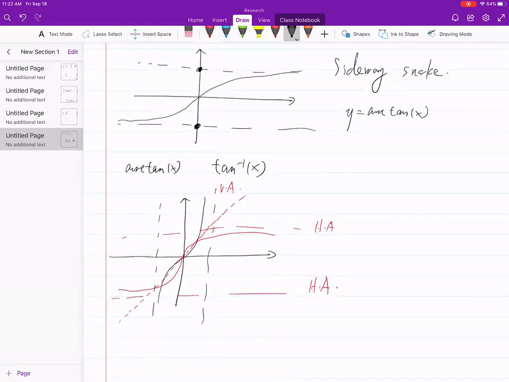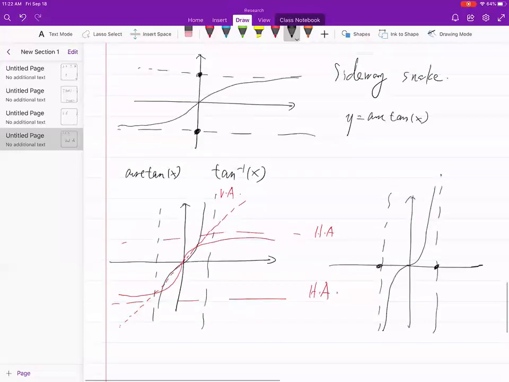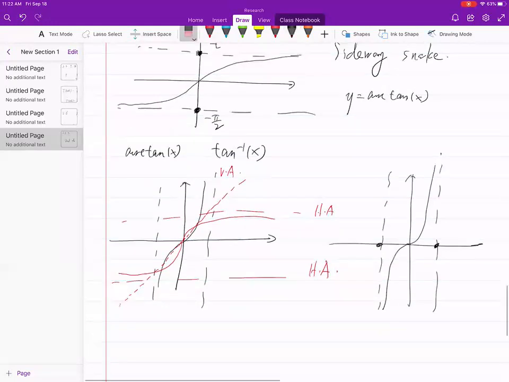Are you guessing? No, I'm saying that definitely. Think about this. We can go back to tangent, right? It originally comes from these two. Do you recall where these two are for tangent? Oh, then that will be pi over 2 here. This is negative pi over 2.